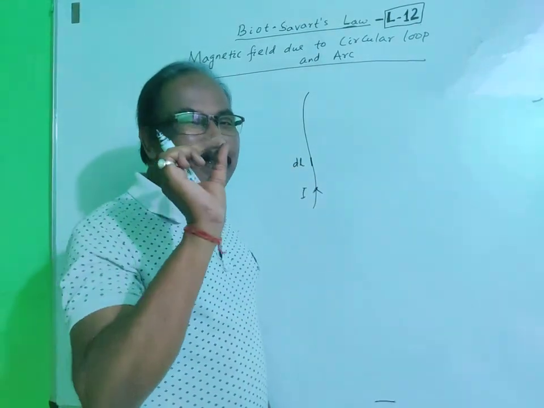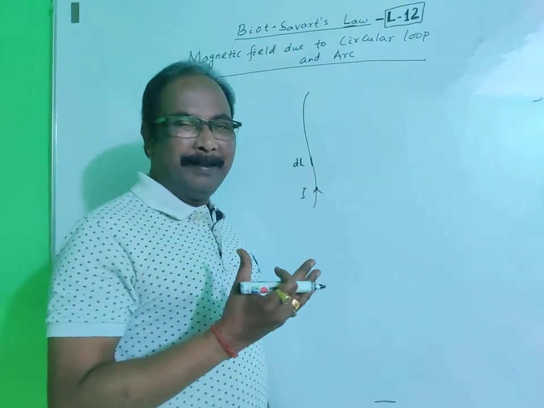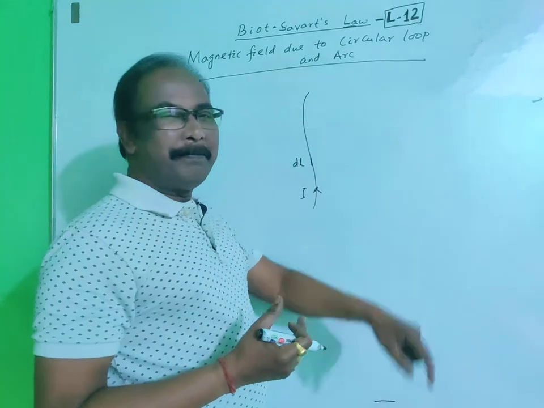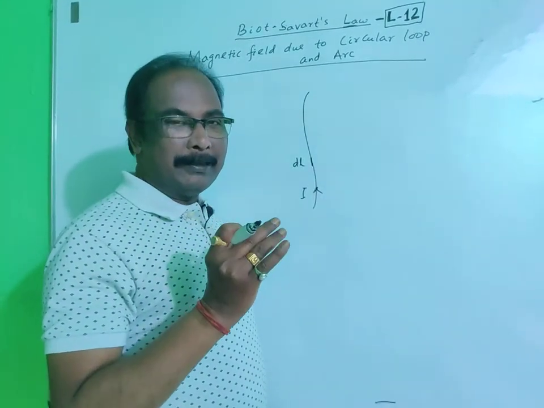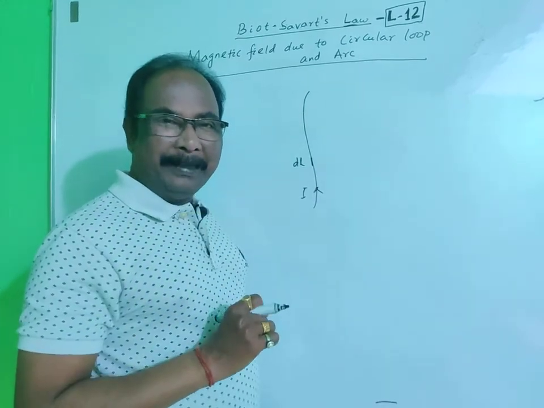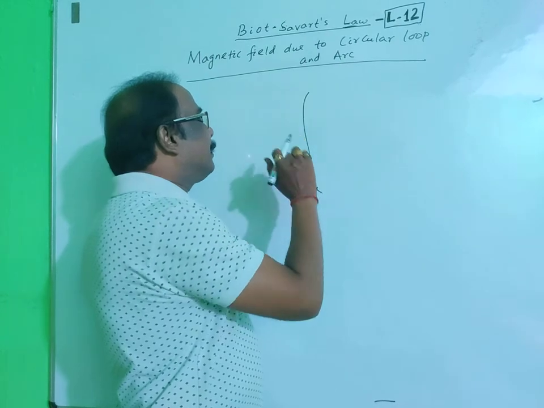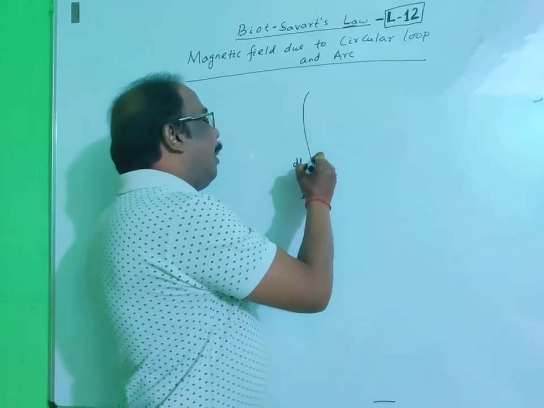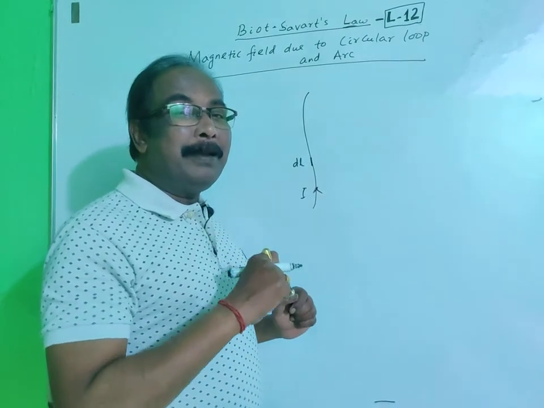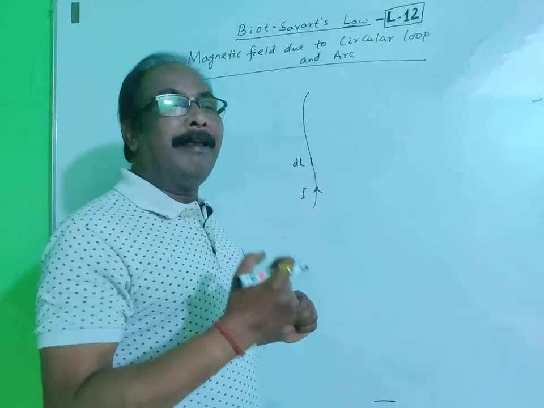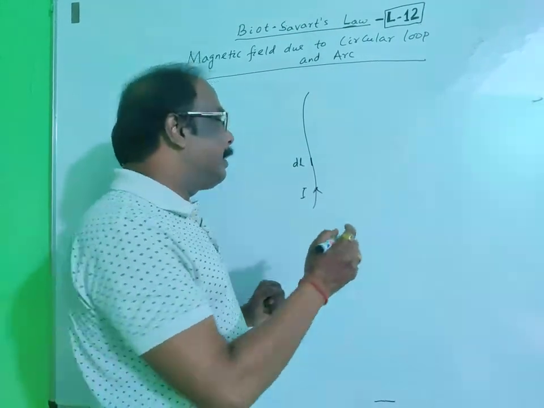If you take a very small length of a conductor of any shape, even a curved one, then a small part of the curved conductor is a straight part of the conductor. This small part is dl, and as we have discussed, the direction of dl is taken along the direction of flow of current.